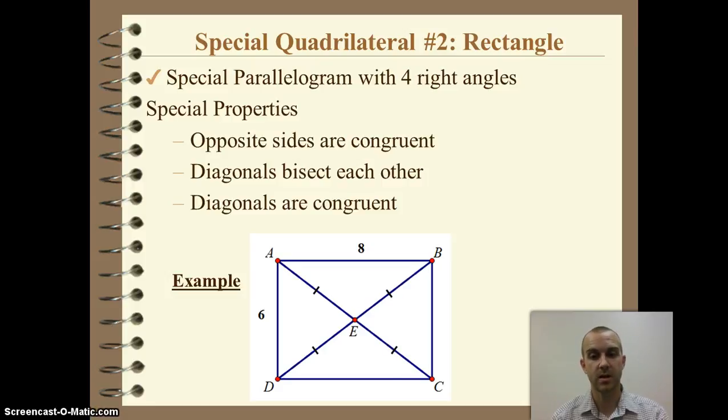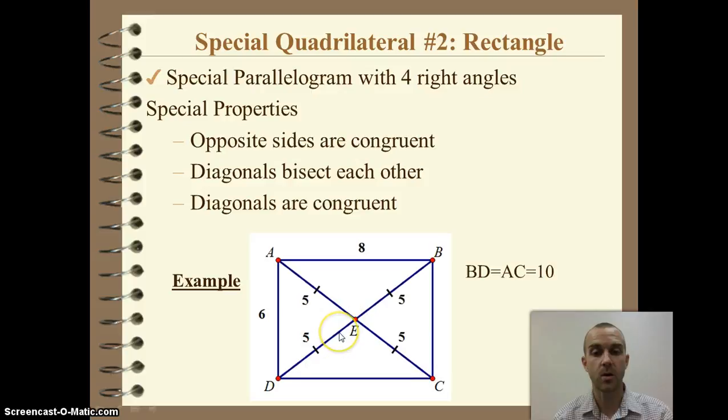Now let's think about the diagonals on the inside. Again, we could use the Pythagorean theorem, since this is 6 and this is 8, and get that BD and AC are both 10. Since they are congruent and bisect each other, we know that all the smaller segments, AE, EB, EC, and ED, are all going to be 5, because 5 plus 5 has to be 10.